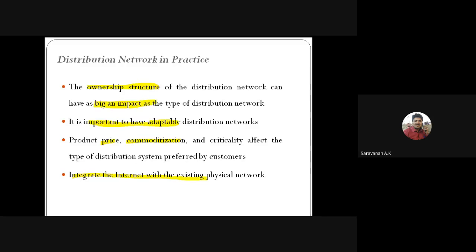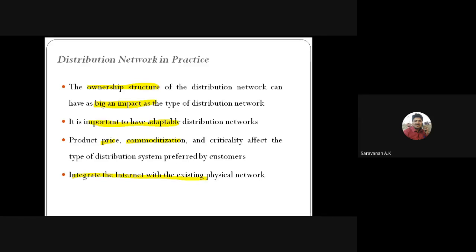So what is the ownership structure? Whatever the supply chain network may be, they have to supply a product. That is a physical flow. They have different types of physical networks, and the subsequent flow to distribute the product successfully. In this term, what is important is who owns the stages or distribution channels in the distribution networks.